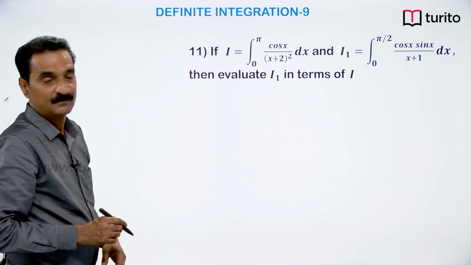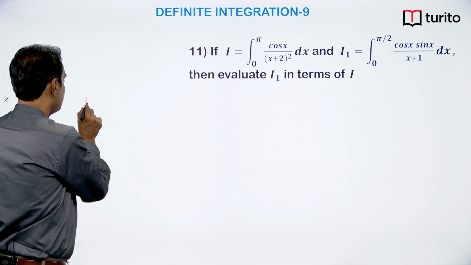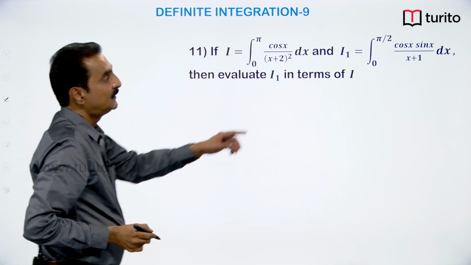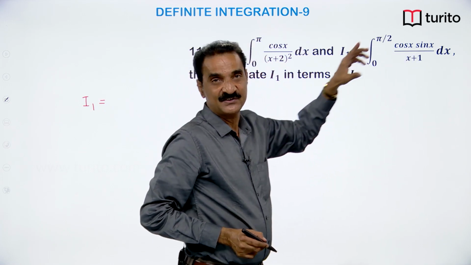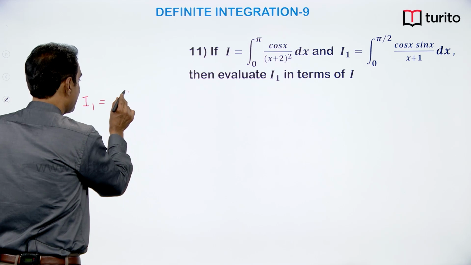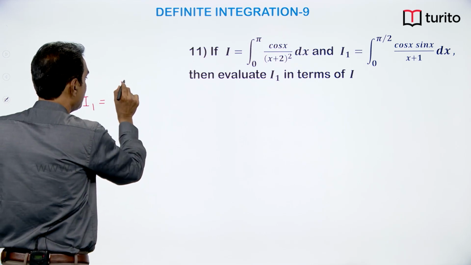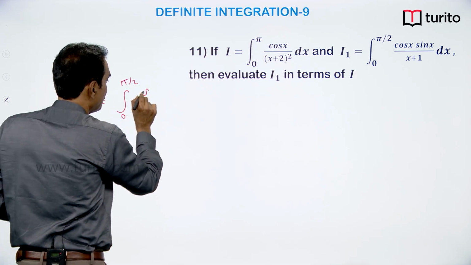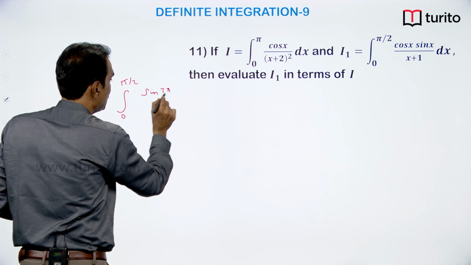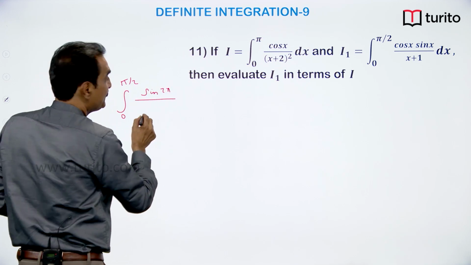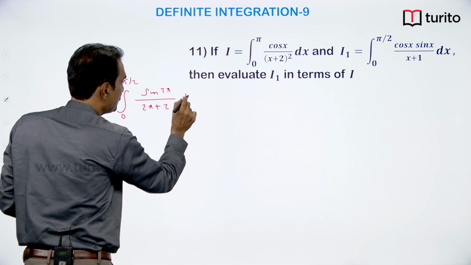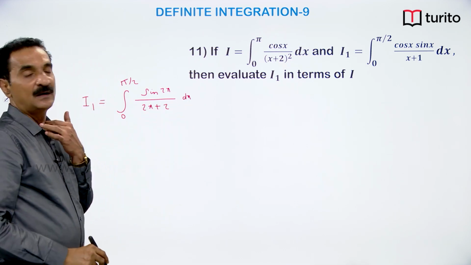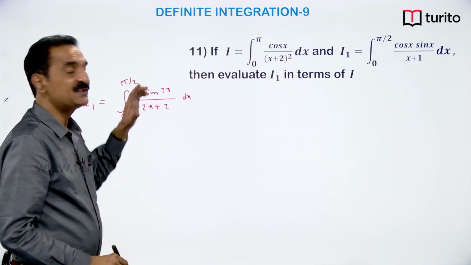Let us take I1. Multiplying and dividing by 2, numerator becomes sin 2x, and denominator becomes 2 into x plus 1, which is 2x plus 2. Now, the whole function is in terms of 2x.